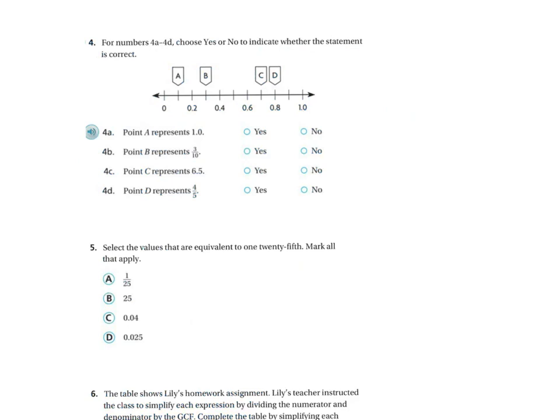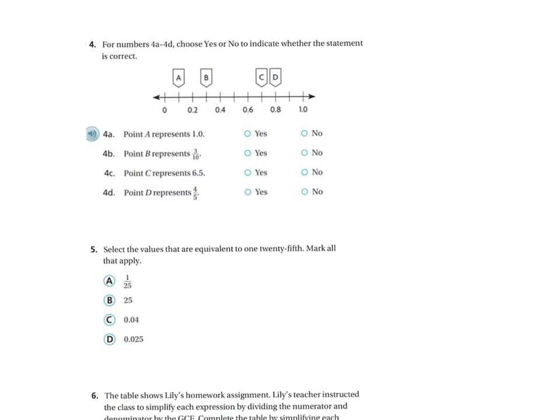So it's asking if point A represents 1.0. Well, there's 1.0 and there's point A, so I'm going to say no. Point B represents 3/10, so there's point B, and we have 2/10 and 4/10, so this is yes, 3/10.